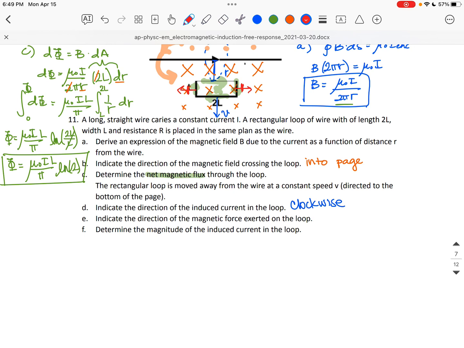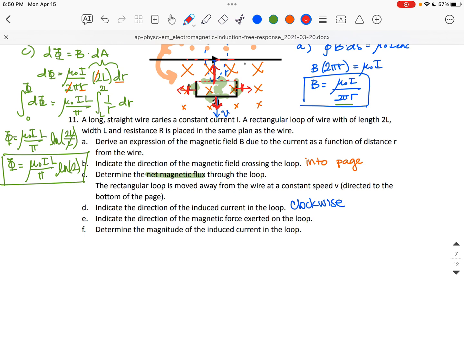And then when we look at the magnetic force on the top, I'm going to have a current right, magnetic field in, so that means I have a force going upward. And at the bottom, doing the same process, I have a force going downward. Now, one thing you want to keep in mind is that because my wire right here is closer to the current carrying wire, the magnetic field is stronger and therefore the magnetic force is going to be stronger.